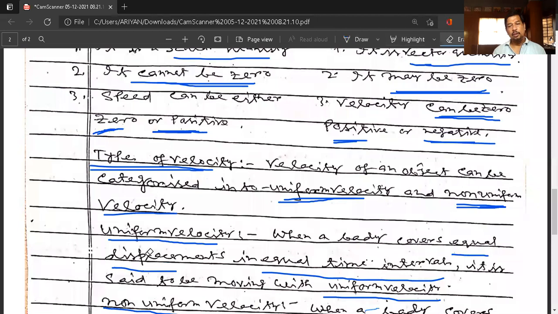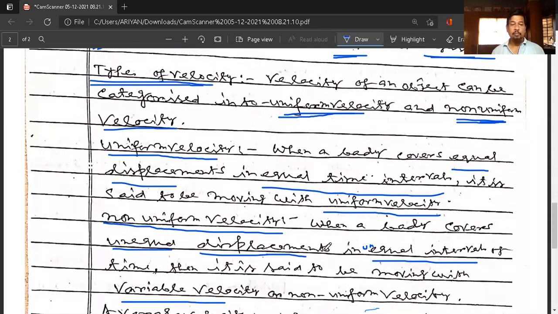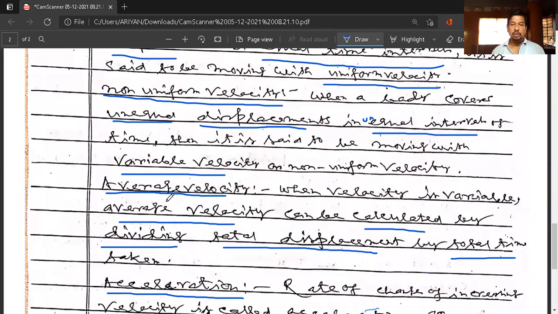Non-uniform velocity: when a body covers equal distance in unequal intervals of time, it is called non-uniform or variable velocity. Now look at average velocity. When velocity is variable, average velocity can be calculated by dividing the total displacement by the total time taken.